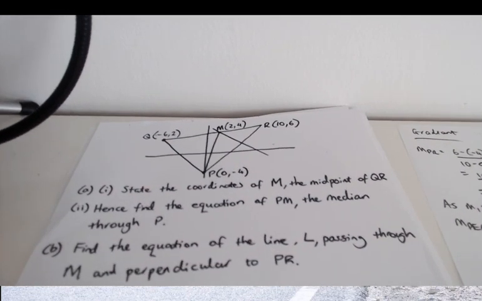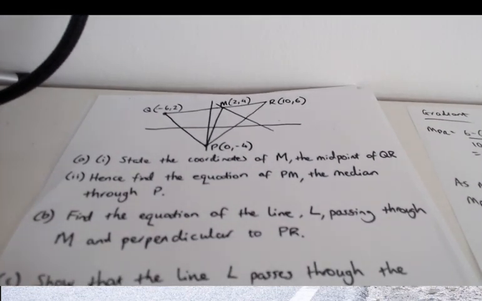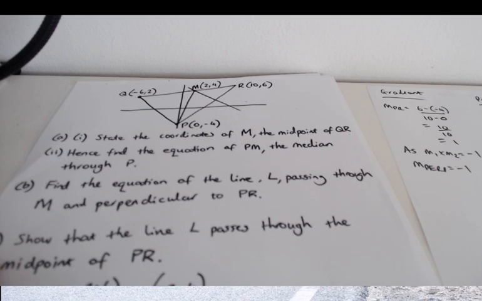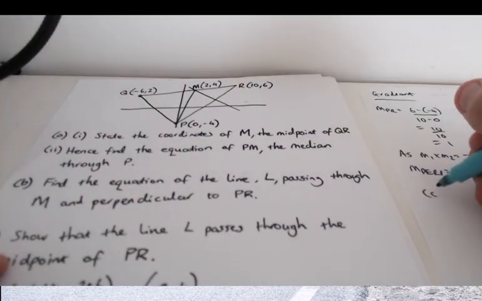Right, the last thing it wanted, it says show that the line L passes through the midpoint of PR. Okay, now do we have the midpoint of PR? What is the midpoint of PR? Well, then to show that this line passes through it, the first thing I'm going to do is work out the midpoint of PR.